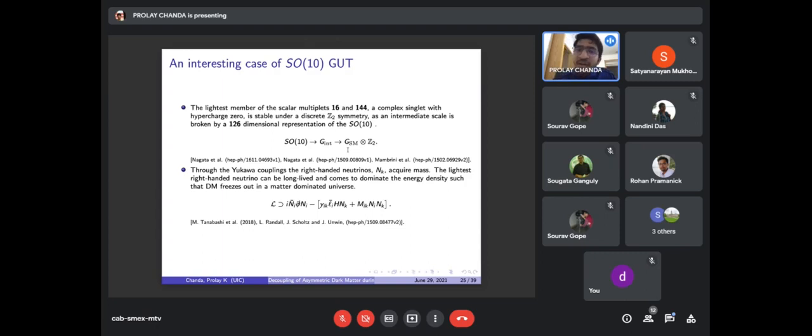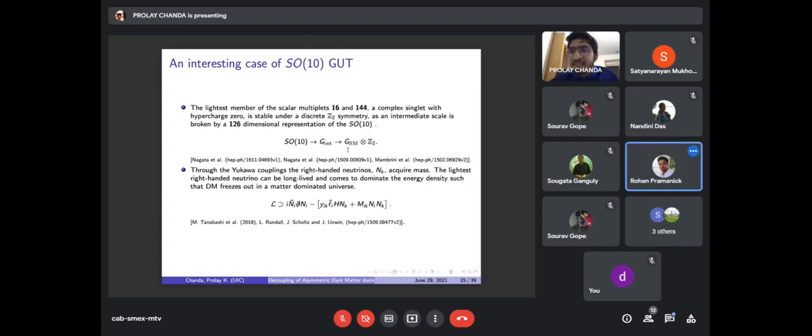So forget about SO(10) and all these details. Think about I need a higher symmetry of rank 4 plus x. I choose x to be 1, which is 5. And it happens that SO(10) is of rank 5. And that extra symmetry is broken down to a Z2 symmetry, which stabilizes the dark matter. That is the idea.